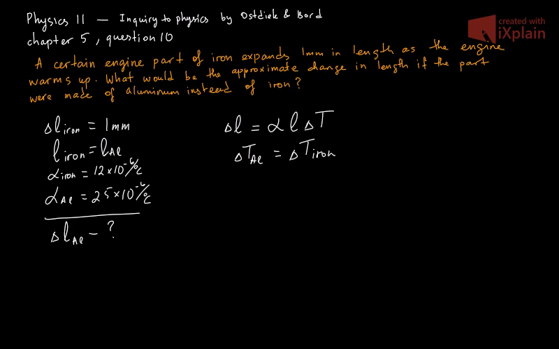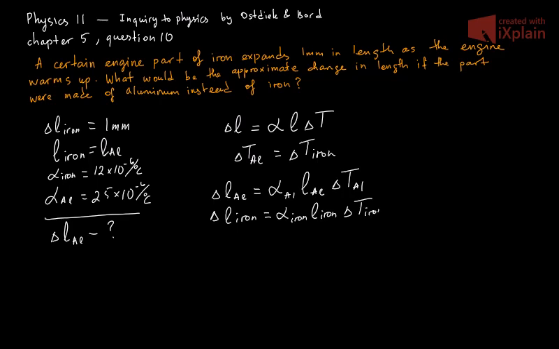Okay, so let's write delta L for aluminum equals alpha aluminum, L aluminum, delta T aluminum. Delta L for iron equals alpha iron, L iron, delta T iron.